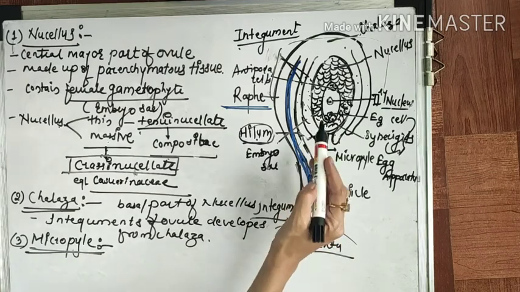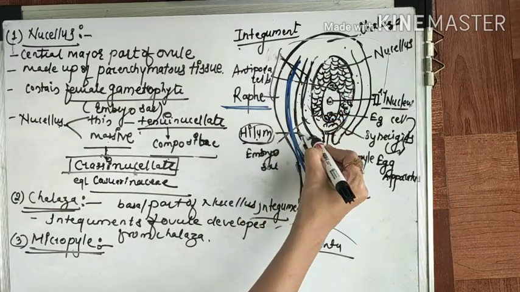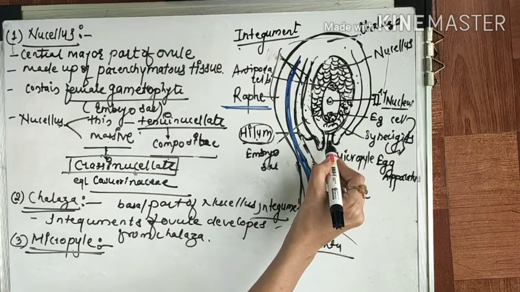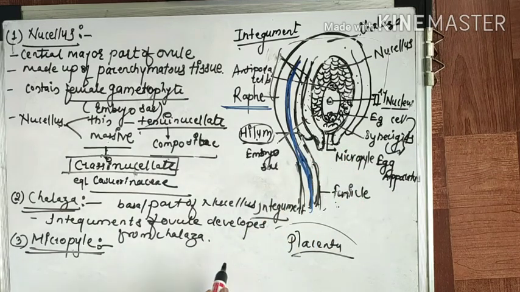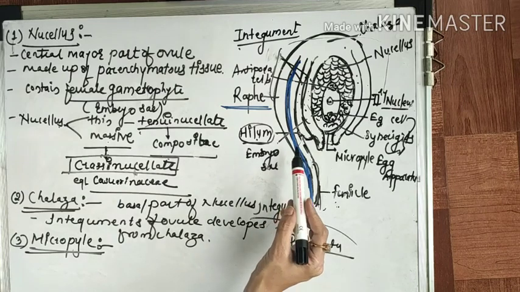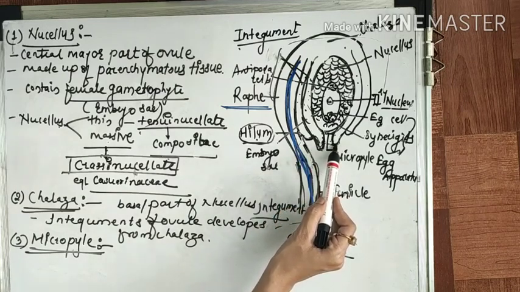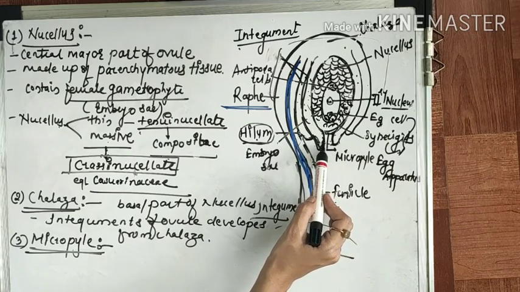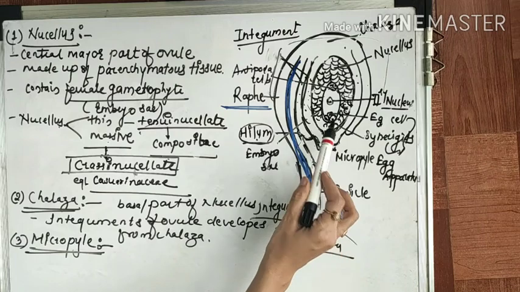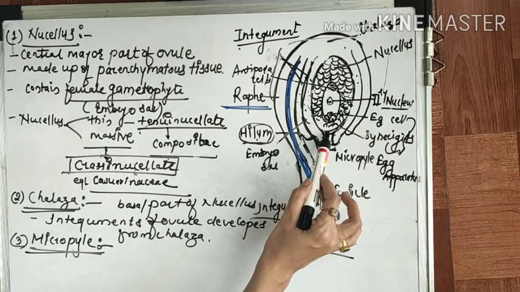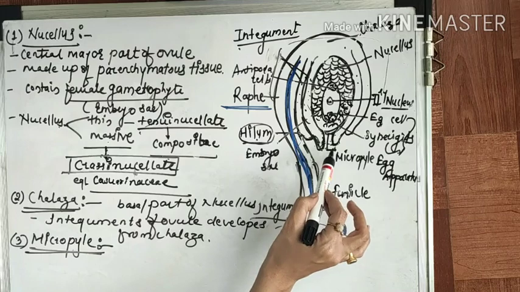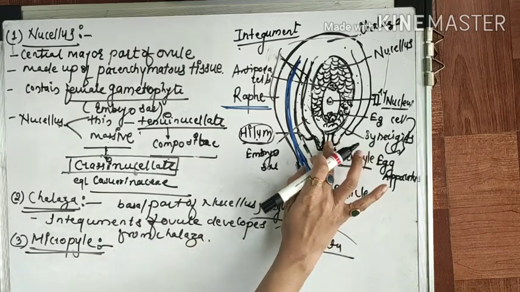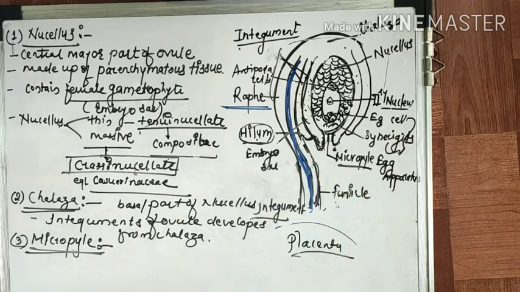You can see this is the integument, and these integuments leave a small narrow opening at the terminal end of the nucellus. It is called the micropyle.